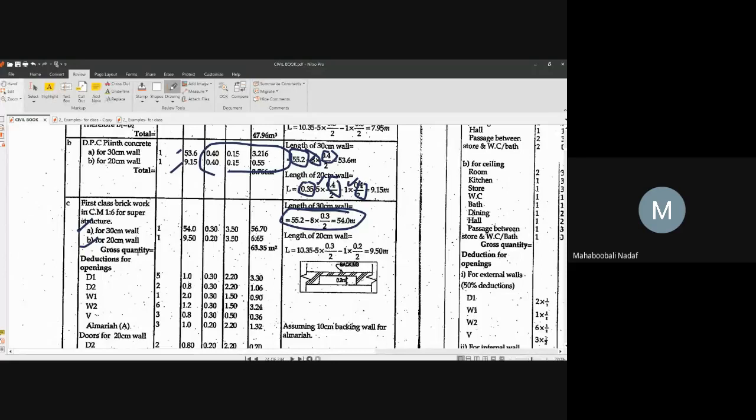Can anyone calculate? Center to center after correction.